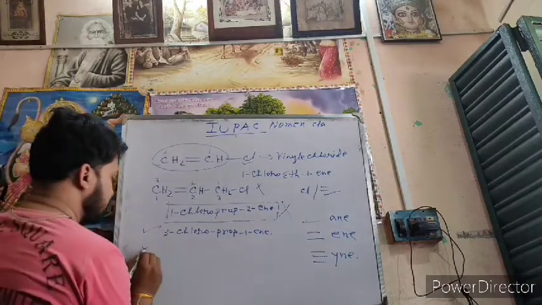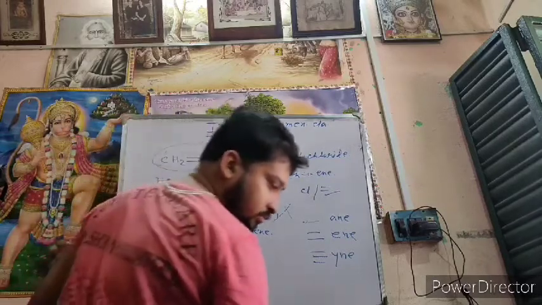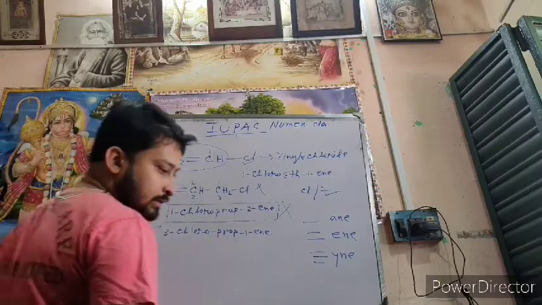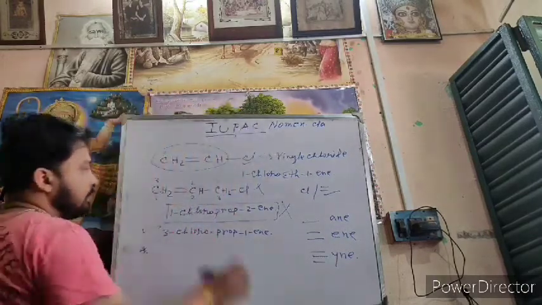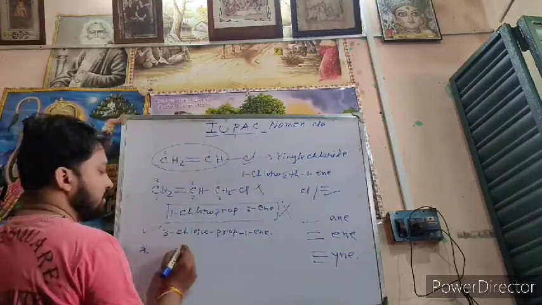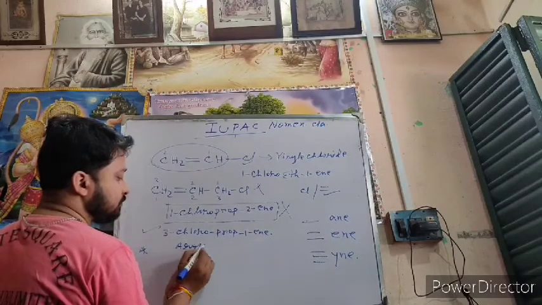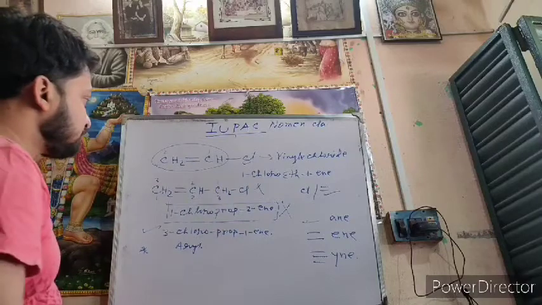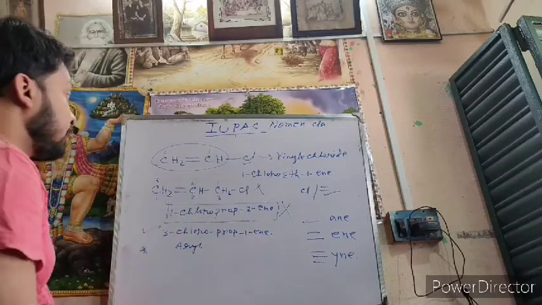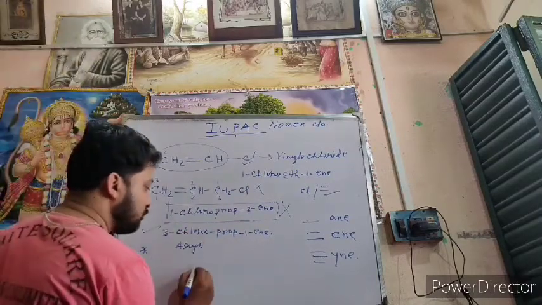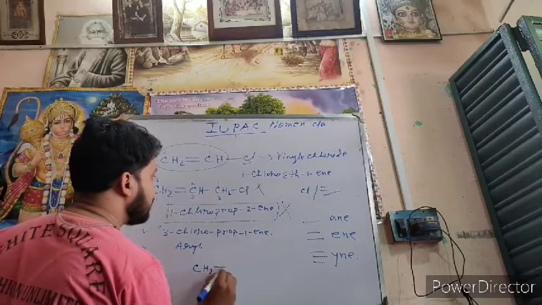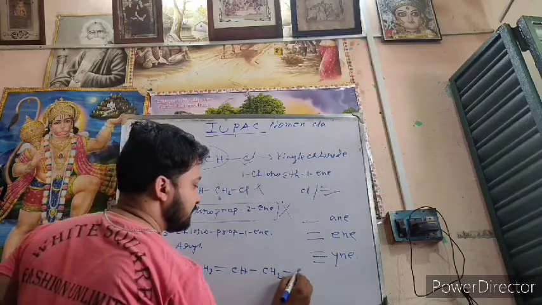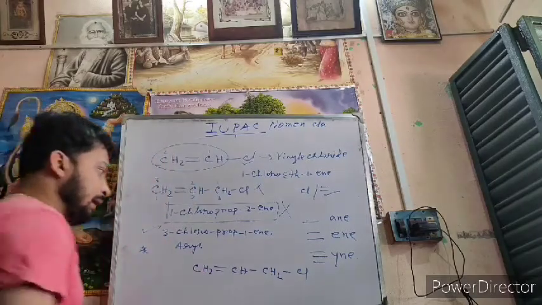Now take another example. This is also the general name of this compound, allyl. So we may call it allyl chloride. Why is it an allyl compound? Let's see. CH2 double bond CH, CH2, Cl.